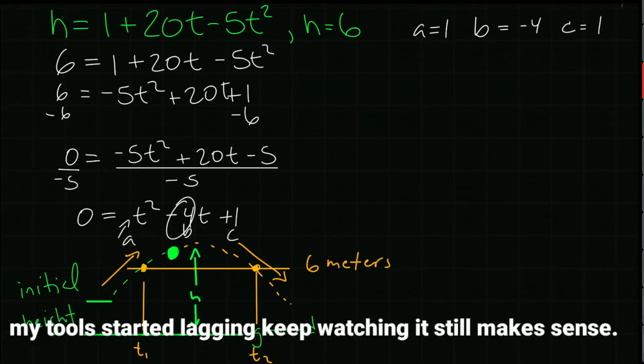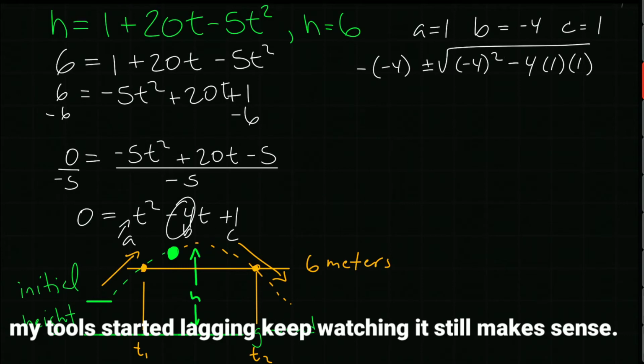Then I plug it into the quadratic formula. We have negative b, so negative of negative 4, plus or minus the square root of negative 4 squared minus 4 times 1 times 1, all of that divided by 2a. I simplify everything, and I try to simplify it as much as I can under the radical. So negative times negative becomes positive, so that becomes 4, plus or minus, we have negative 4 squared is going to be 16.